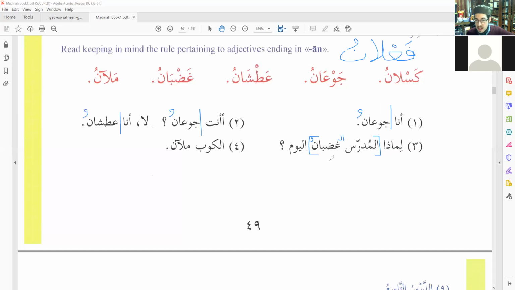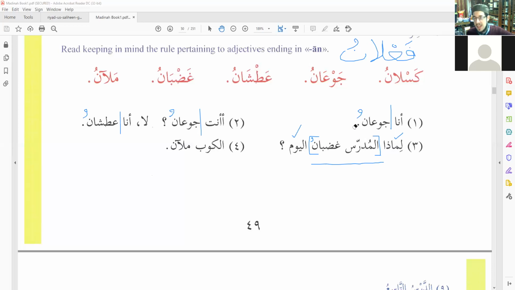Limada, and this even more so, even though it's got a couple bells and whistles. It's got limada, which is a question, and al-yawma, which is part of specifying the time. But the base of the sentence is simply mubtada khabar. Al-mudarrisu ghadbanu. Right? That's the basis of the sentence if we're going to strip it to its most essential meaning.